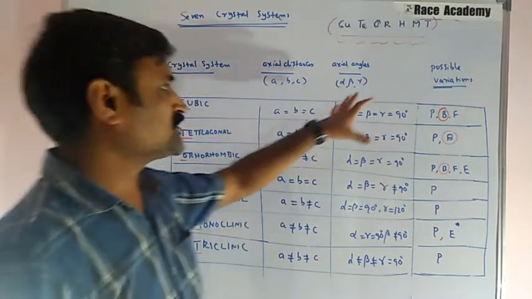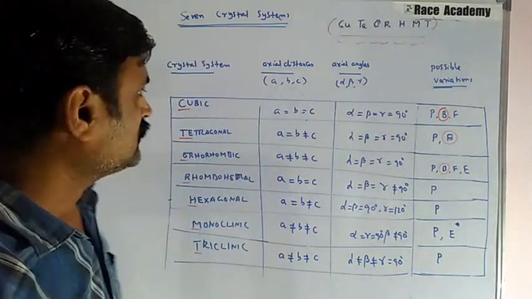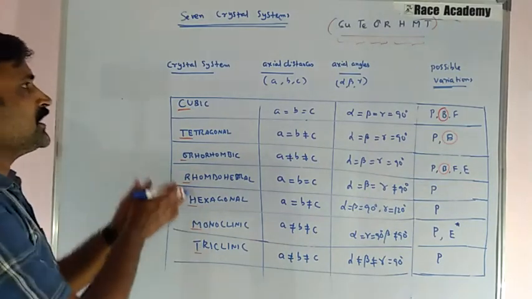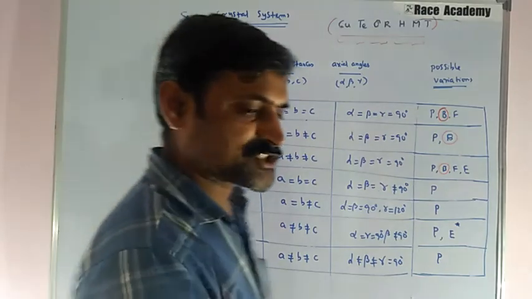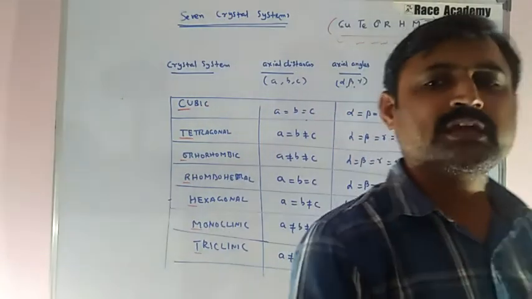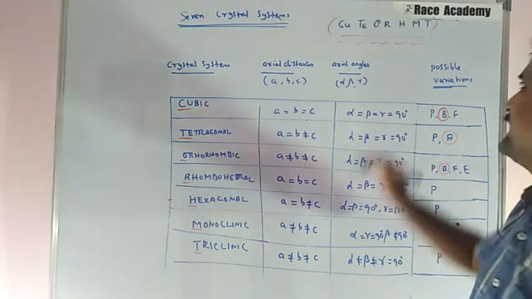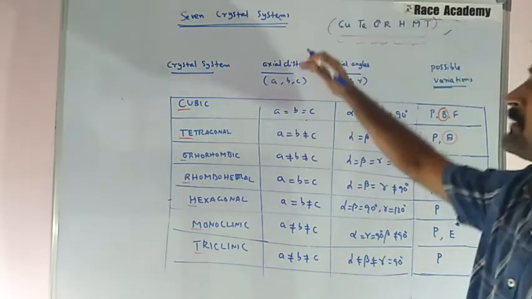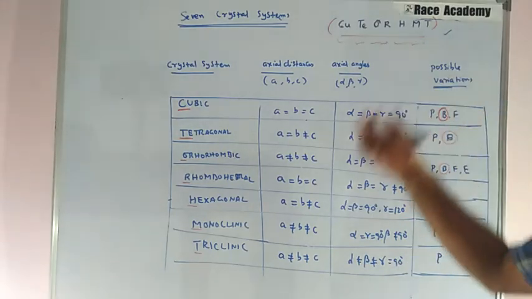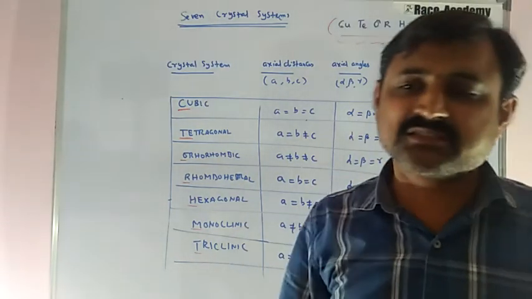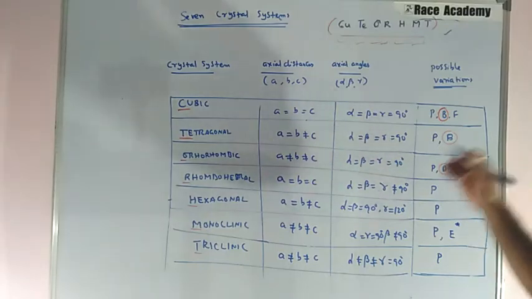Those examples again will be noticed in the next session. I hope you understand this construction of the table and how we have given a small idea about remembering the 7 crystal systems, and how the 14 types of Bravais lattices are arranged in them. So what is the 14?